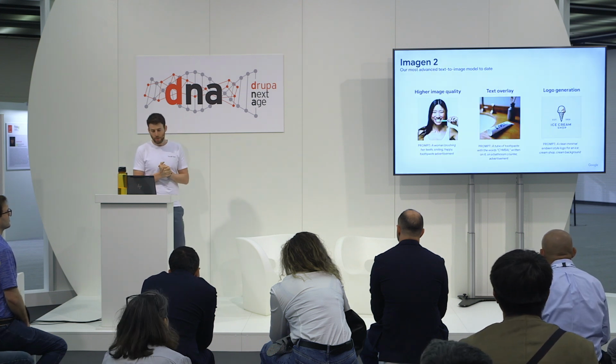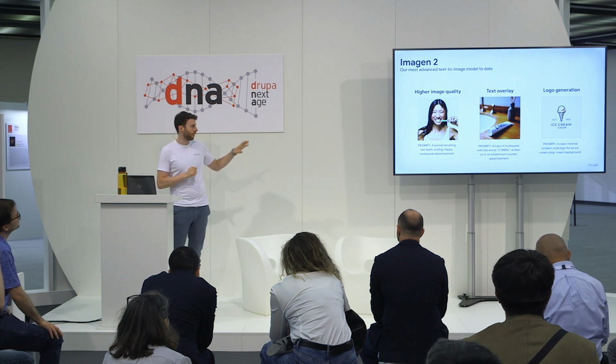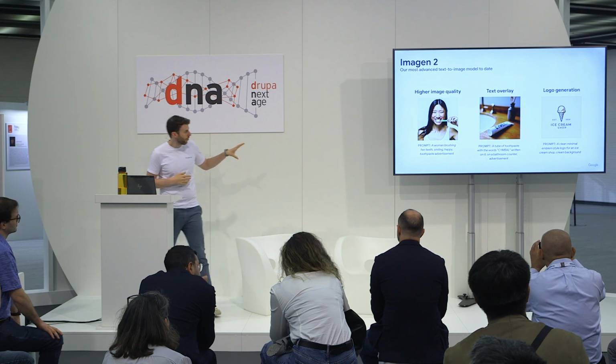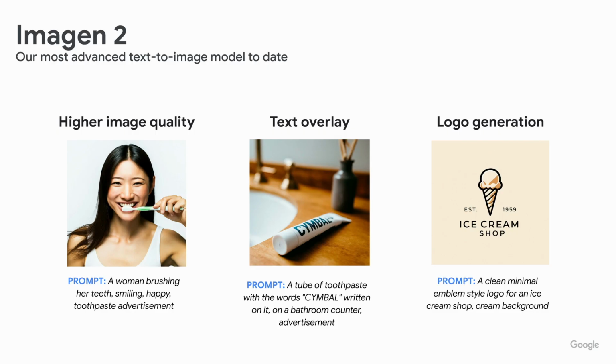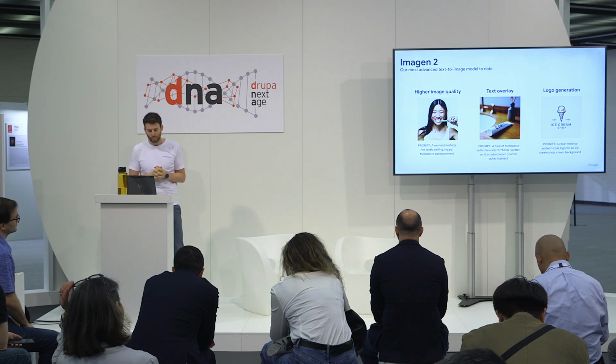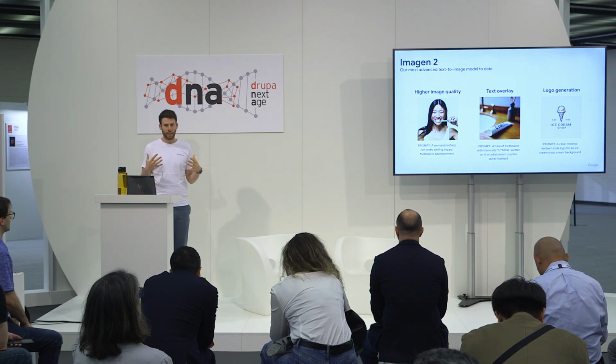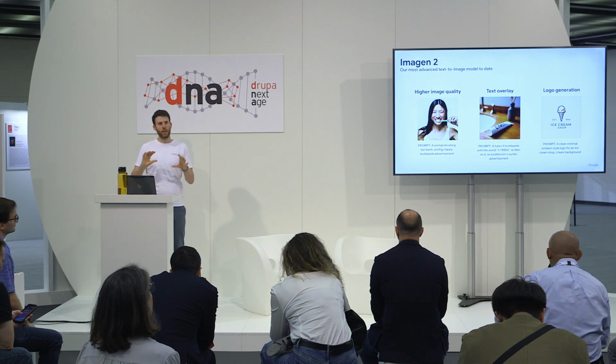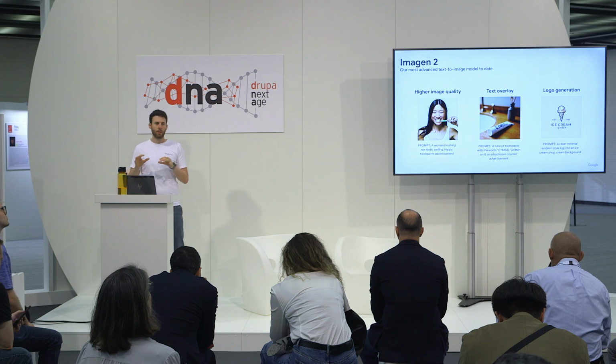So some of the general features of Imagen is image quality, of course. This will get better and better. Feel free to count the number of fingers here, as Andreas mentioned. So here we are already at 5 fingers, which is good. And this quality gets better and better. And one use case for this higher image quality is not only generating images with prompting, but also upscaling existing images, right?